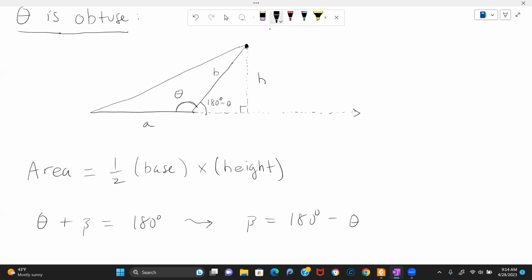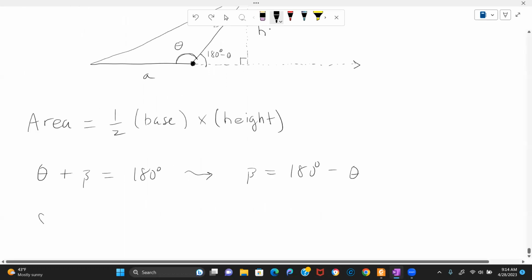So now let's imagine we're standing here, no longer at the other vertex, and we want to compute this based on these angles and sides.